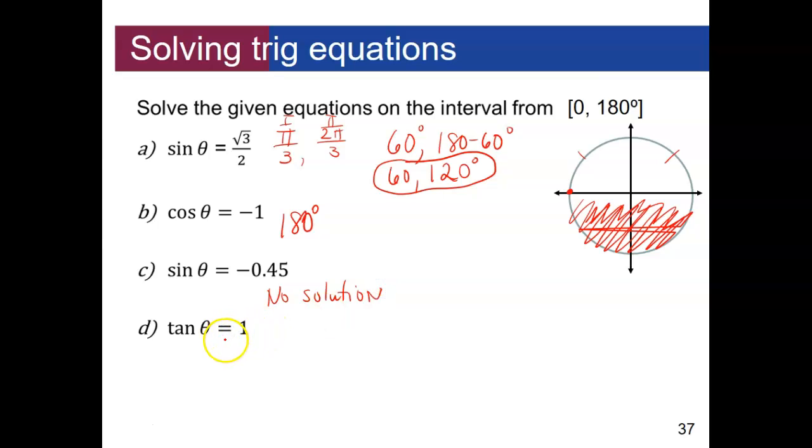And then tangent is +1. If I'm only using these two quadrants, then tangent is +1 here in the first quadrant, and that would be the pi over 4s or the 45-degree angles. So remember, the only ones you have to worry about finding that second angle for when you're restricted to 0 to 180 is the sine function. Cosine and tangent, you just find the one answer.